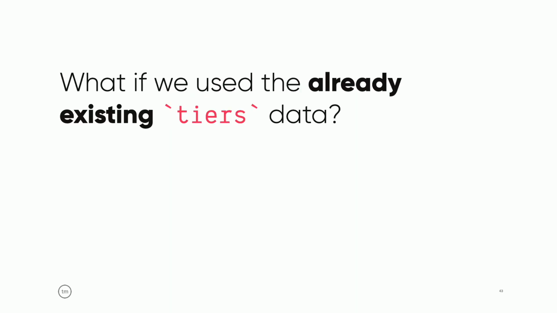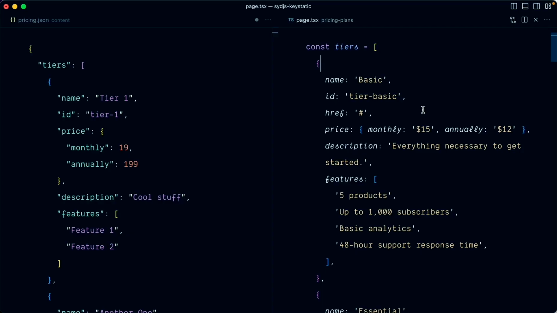So what if we use the existing data that us developers already took the time to write and made that editable? What I'm saying is I want to take this array and I want to move it inside this pricing.json file, which is now bound to Keystatic. Keystatic is like, this is my file, I generated it, and I read from it as well.